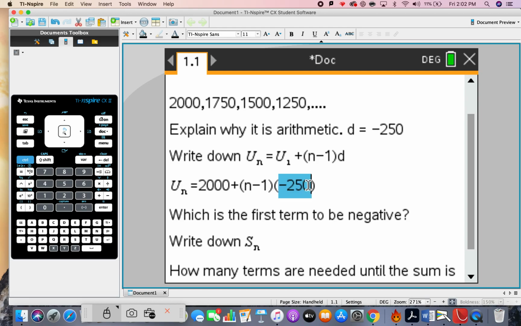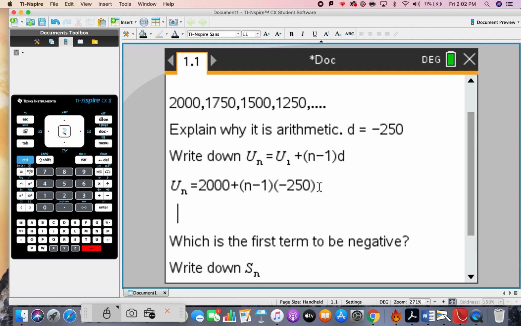Now, you can all multiply this out. This negative 250 multiplies with the n, and then the negative 250 multiplies with the negative 1. So the next line should be pretty simple. It's equal to 2000, nothing changes there, plus n times negative 250, so that's negative 250n, and now negative 1 times negative 250 is plus 250.